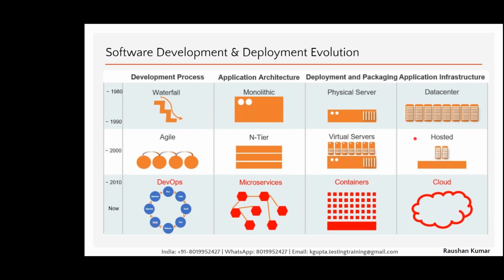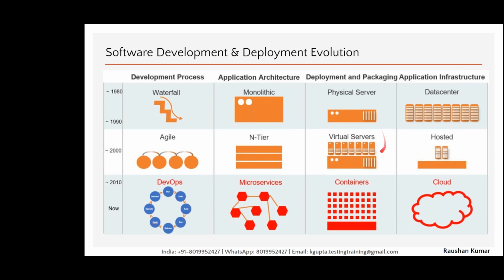Then eventually someone identified that we are wasting a lot of resource. Why can't we split this hardware into various VMs? Suppose this hardware has 100 GB RAM, 2 TB of hard disk, and 100 CPUs. Why can't we split this physical server into various VMs, and use one VM to deploy one of my applications?